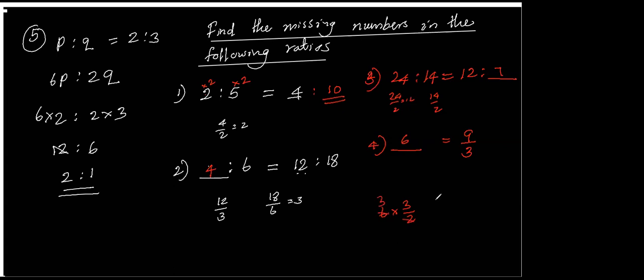Then this number should be what? 2 into 3 seconds, then 3. This should be here. What is here then? 2.